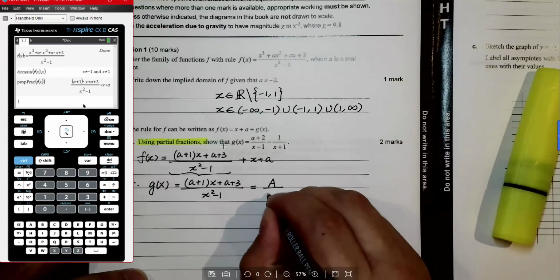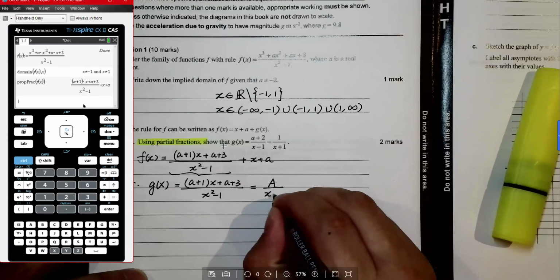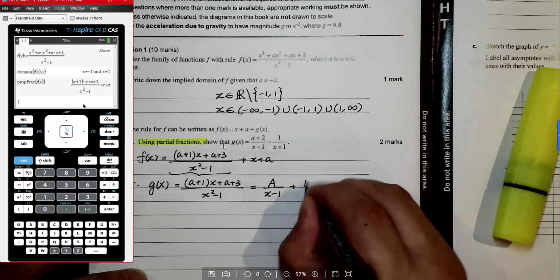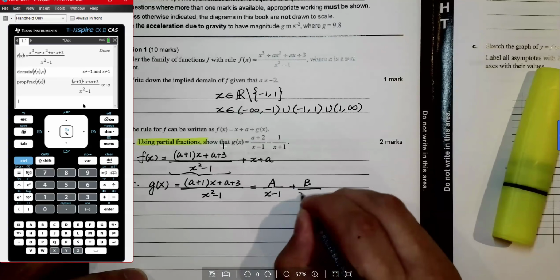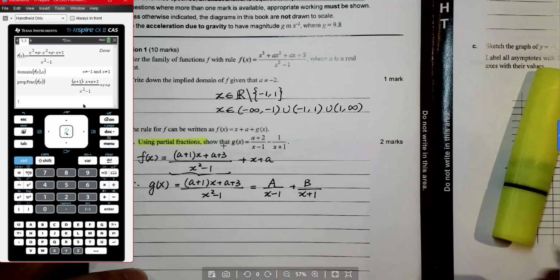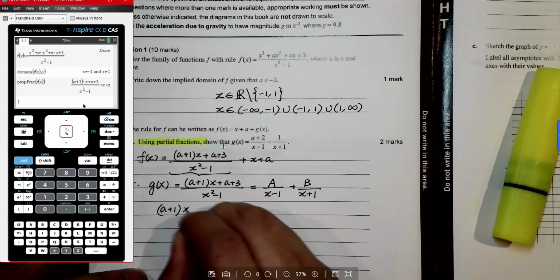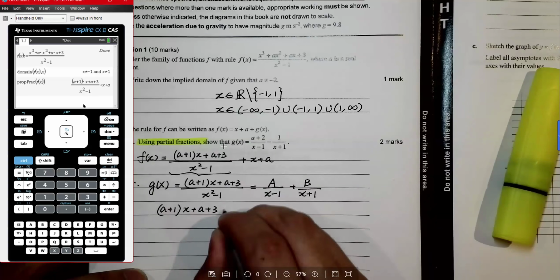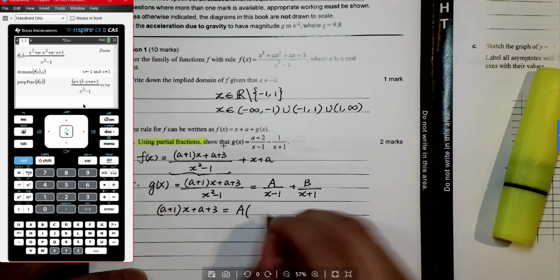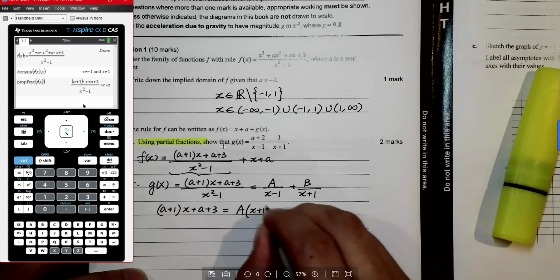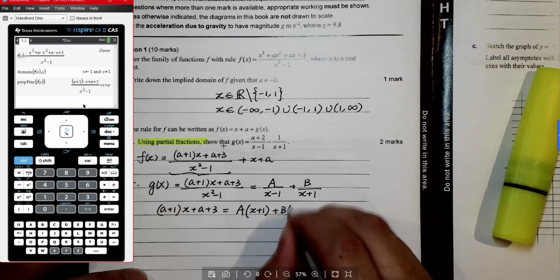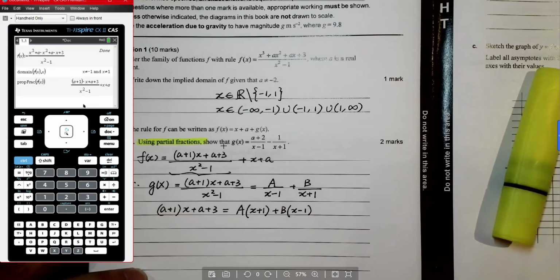I'll set it as capital A over x minus 1 plus capital B over x plus 1. And then I say a plus 1 x plus a plus 3 equals A times x plus 1 plus B times x minus 1.